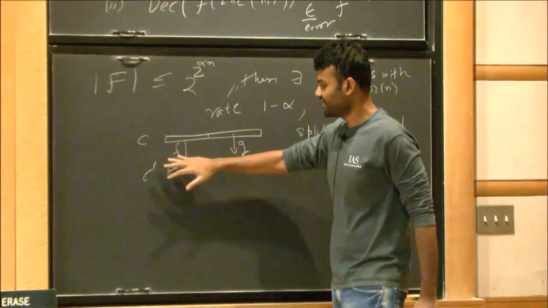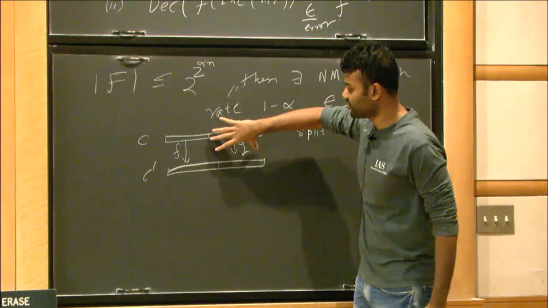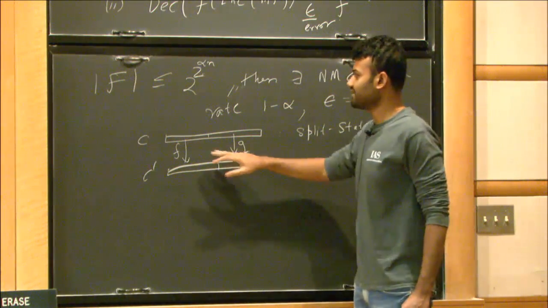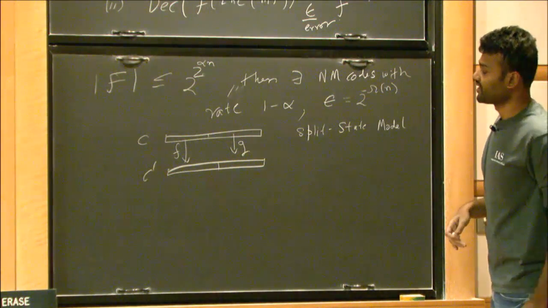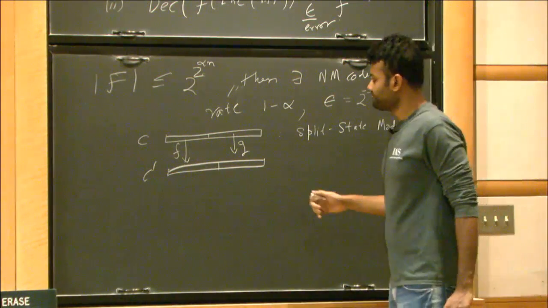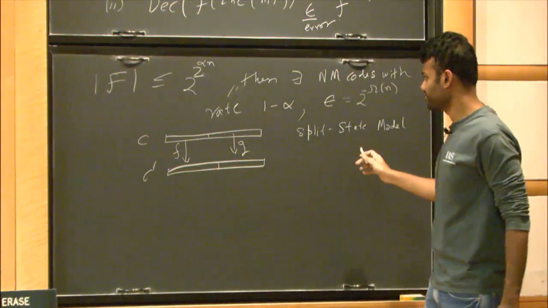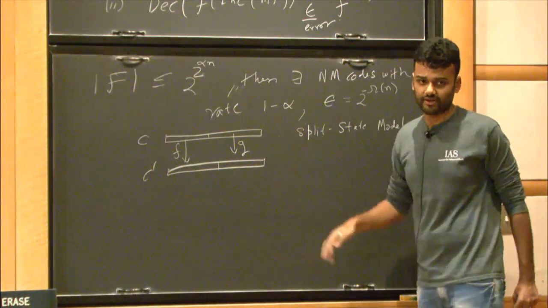So f is allowed to be any arbitrary function on n over 2 bits, and g on any n over 2 bits. It's easy to see that it's bounded and that codes exist. Now there are codes in this model known with rate 1 over log n, and it's still open how to get constant rate.